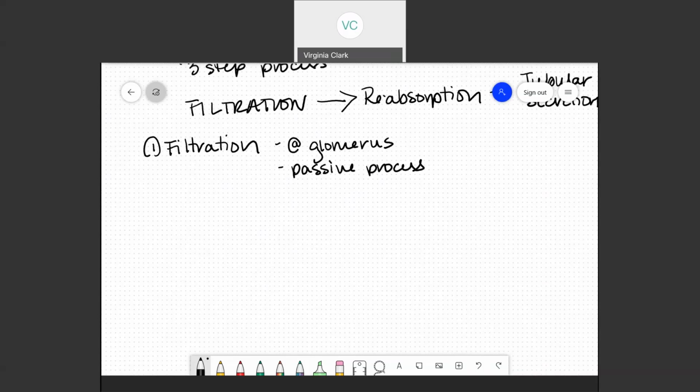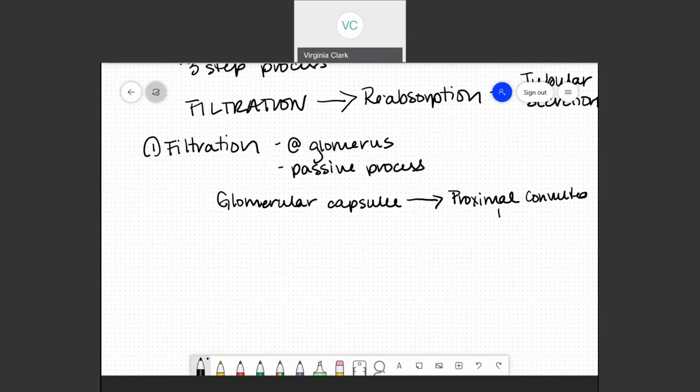So at this point, the blood is going to go from the glomerular capsule and it will get filtered into the proximal convoluted tubule. And at this point, it is now called filtrate.